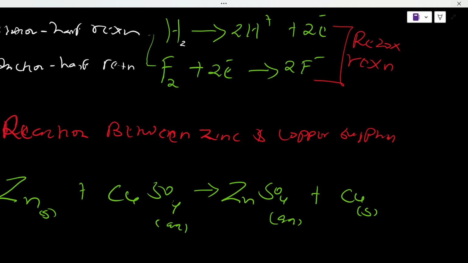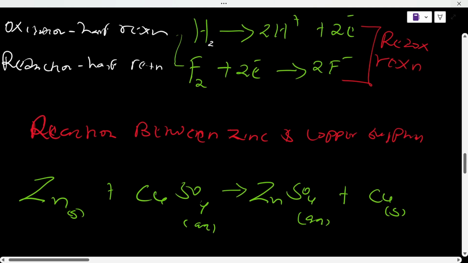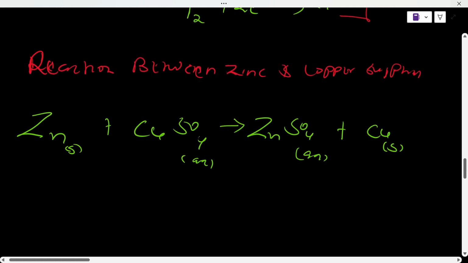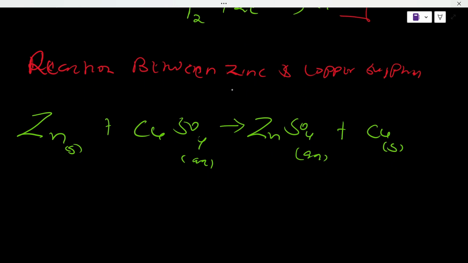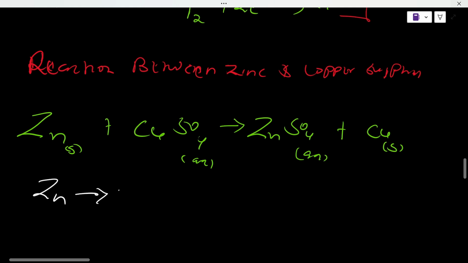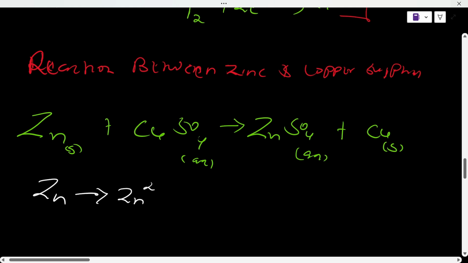So these 2 reactions can be categorized as a redox reaction. Why? I'm going to give you the explanation. Now, I said initially that in a situation where I was having zinc, zinc undergoes the oxidation half reaction to form Zn 2 positive plus 2 electrons.